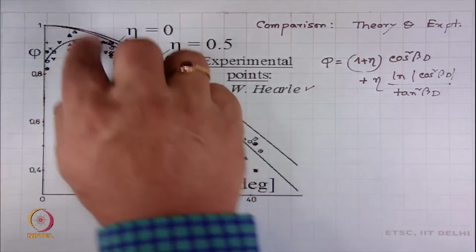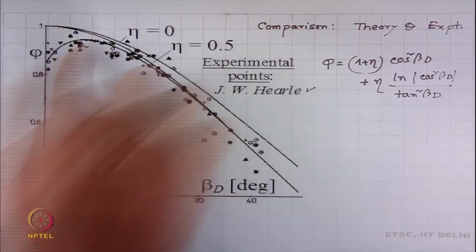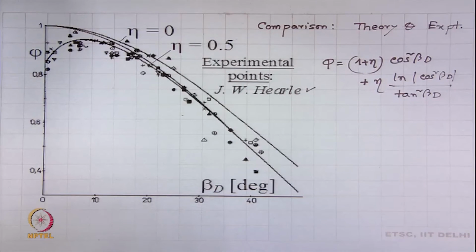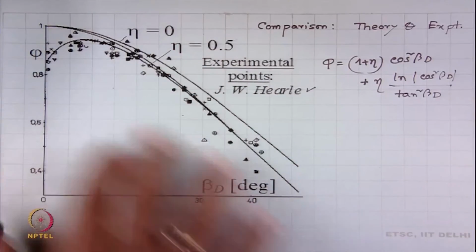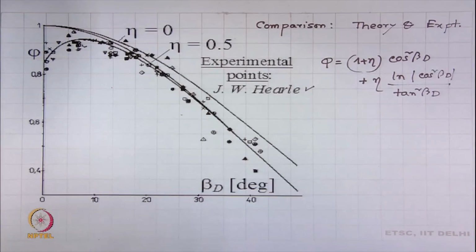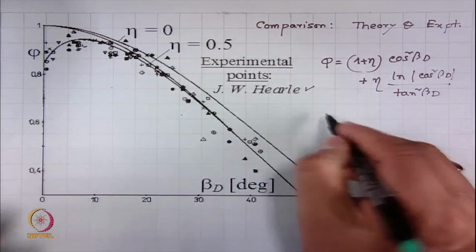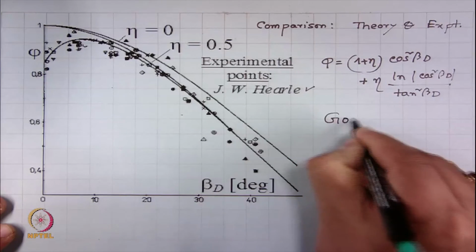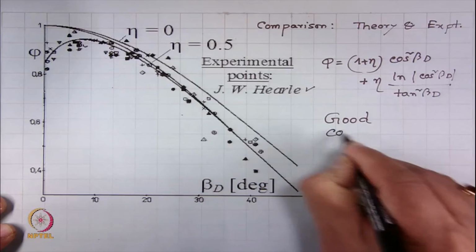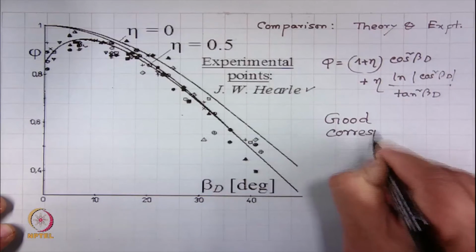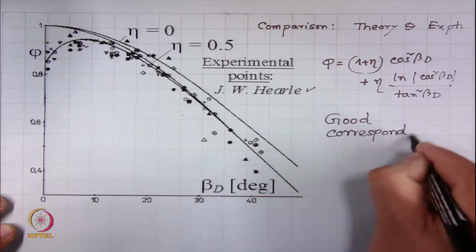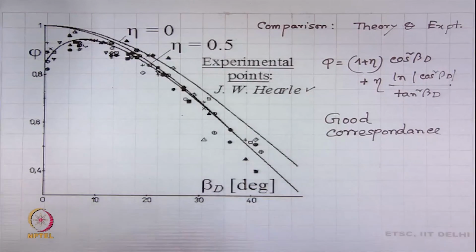In this part there was little deviation, and that could probably be explained by some other phenomenon. It is related to crimp variability in fibers in yarn. So, in this particular part there is a very good correspondence obtained between theory and experimental results.